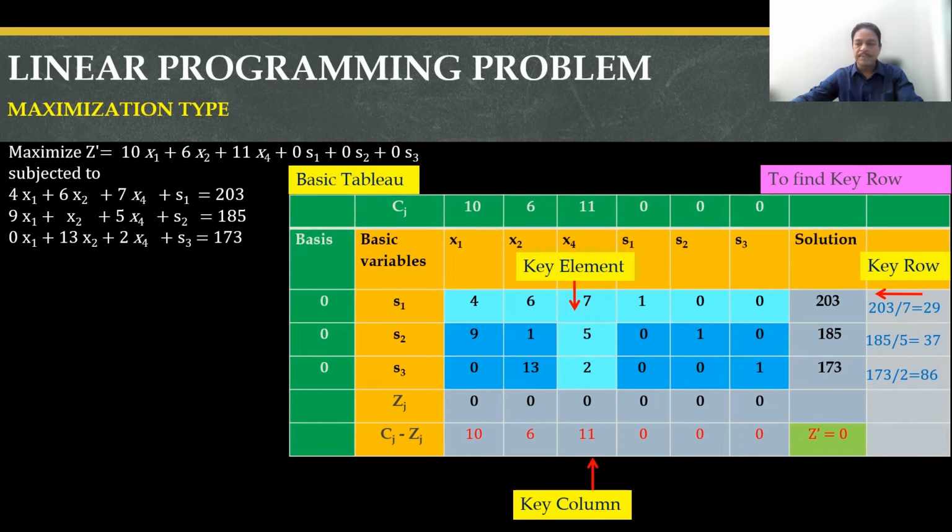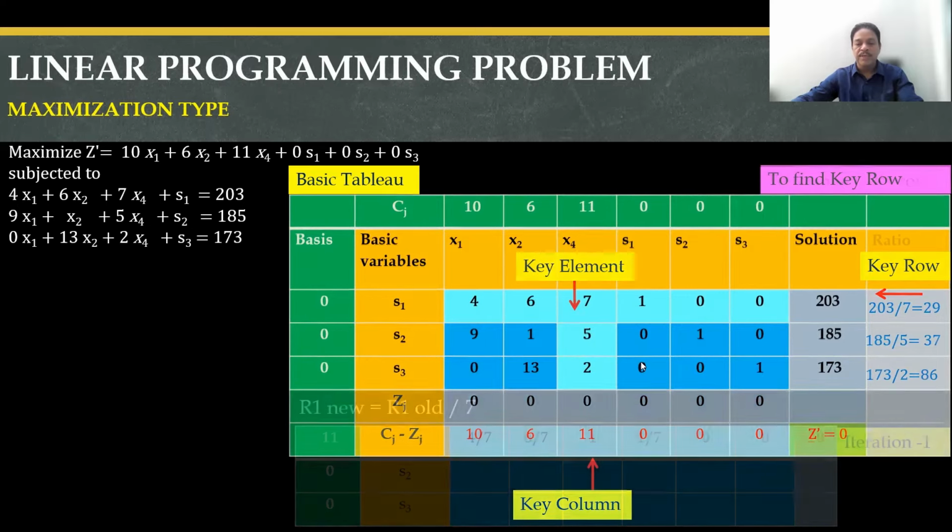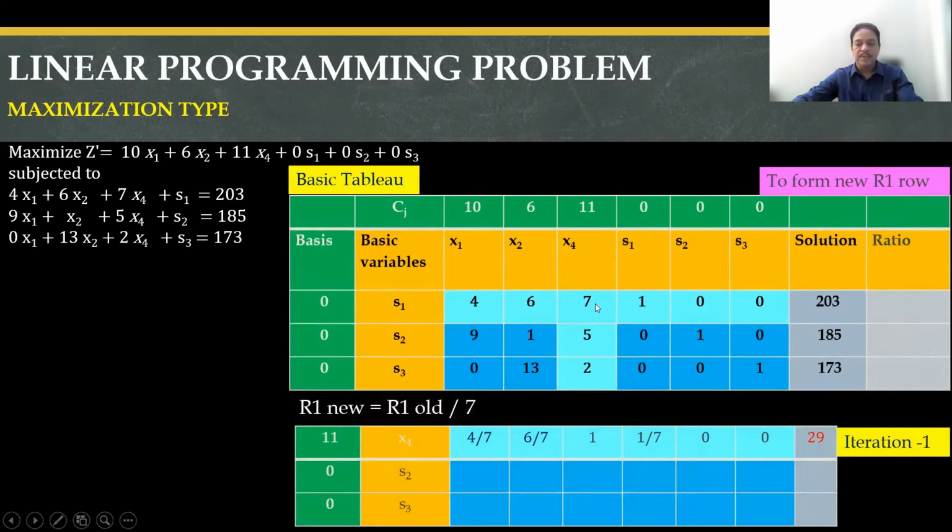Our next step would be to make this 7 as 1, 5 as 0 and 2 as 0, which can be done like this. So here we have made 7 as 1 by performing this row operation, that is R1 new equal to R1 old divided by 7.